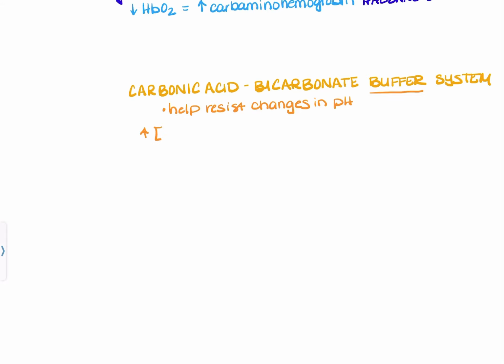If for some reason we increase our hydrogen ion concentration, meaning that we've increased the acidity of our blood, which also means that we lowered the pH, what's going to happen now that we have a surplus of hydrogen ions? The hydrogen ion can come in and bind to our bicarbonate ion to get carbonic acid.